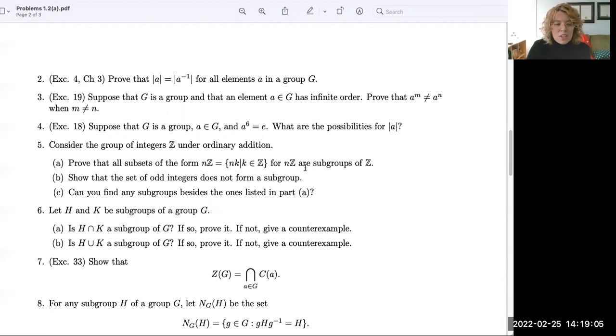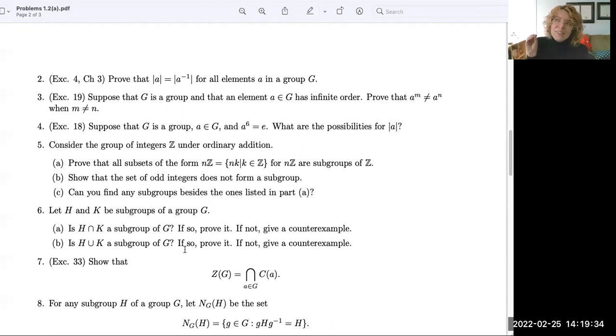In question number 6, H and K are subgroups of G. Is the intersection a subgroup of G? Your answer should be yes. It is a subgroup, and you could use one of your subgroup tests to show that. Is the union a subgroup? The answer should be no. And you cannot use a subgroup test because a subgroup test, again, only shows that something is a subgroup.